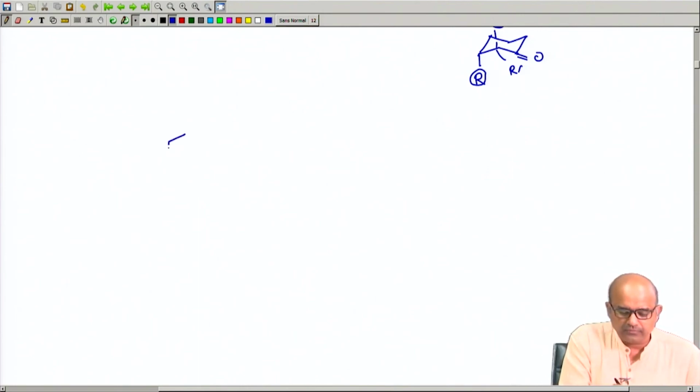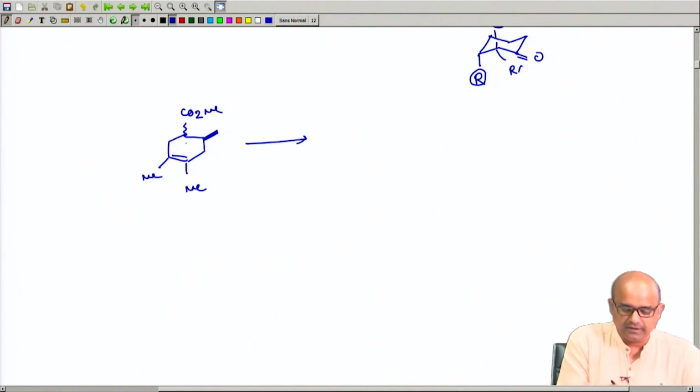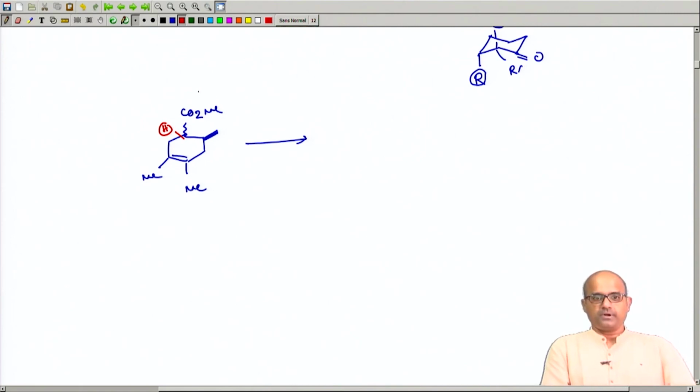Few other systems, like if you have a pre-existing stereo center in the molecule, but also you have a double bond, but the enolate which you will be generating is not endocyclic, you can have exocyclic enolate generation. Now, see here, if you abstract this hydrogen, this enolate will be generated exocyclic to the ring.